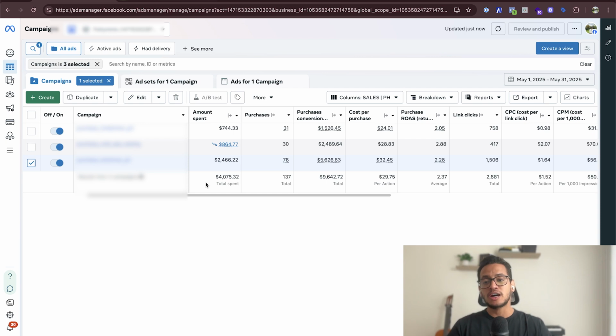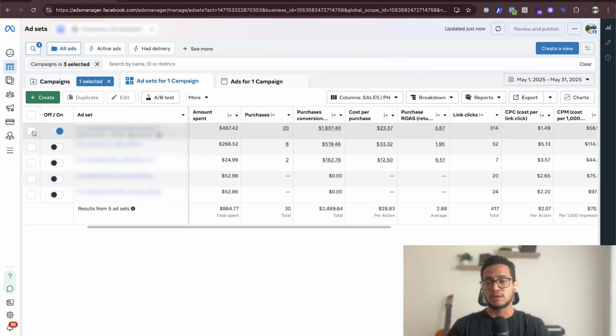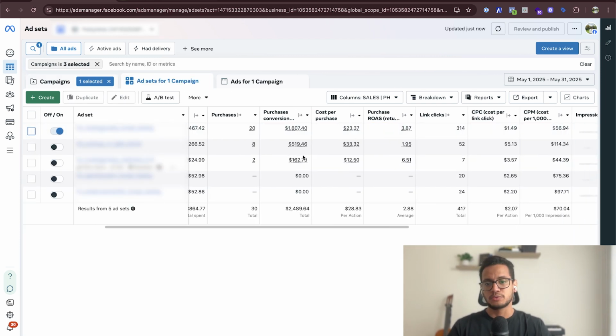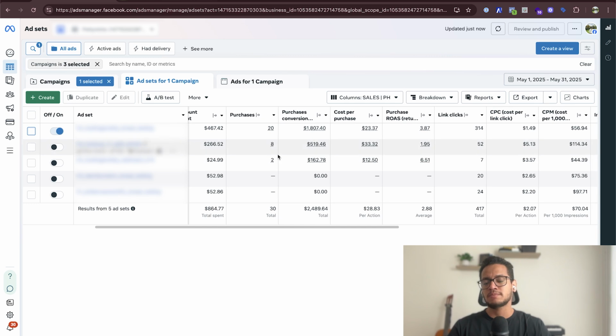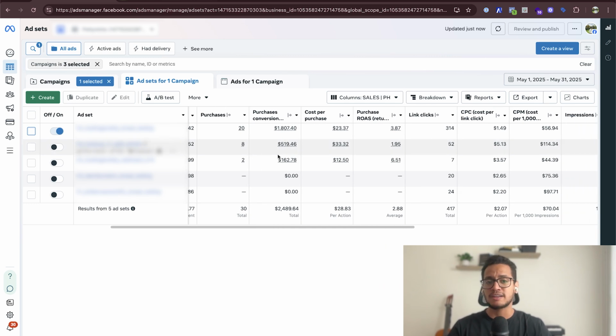Now, it is not recommended, because if you start with Advantage Plus and your offer is not proven, then Meta is just going to waste budget and you're going to burn through cash really quickly. So the best case scenario is you start with manual, you test out different angles of creatives, and you give it some time, like 3 to 4 times your spend. If it continues to get purchases, then you move on to the next. If it doesn't, then you pause and go to the next.